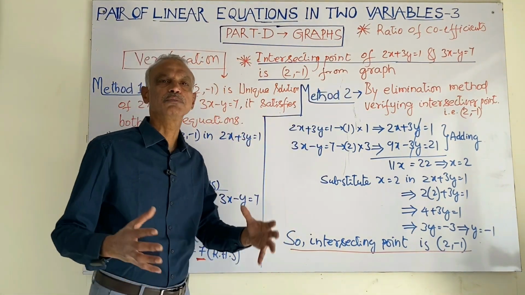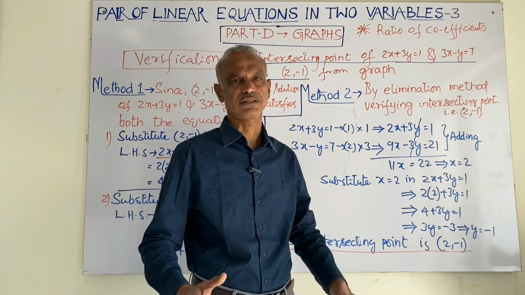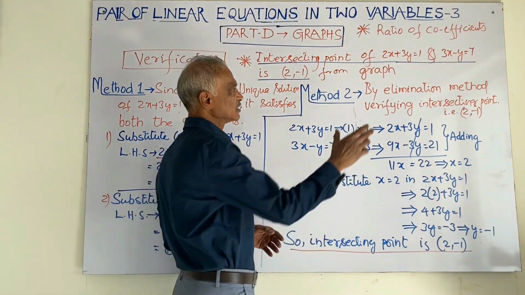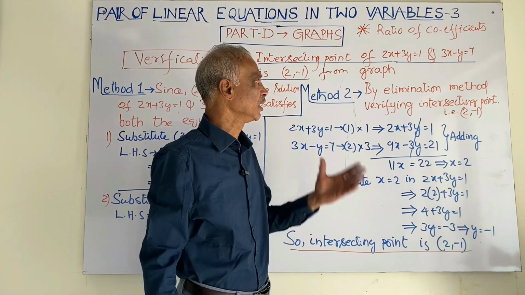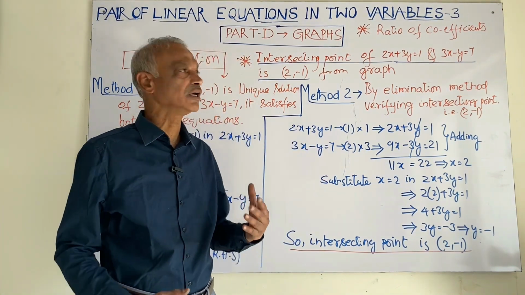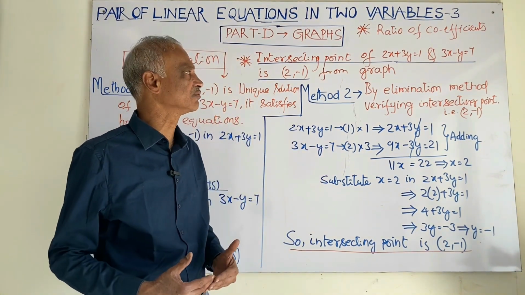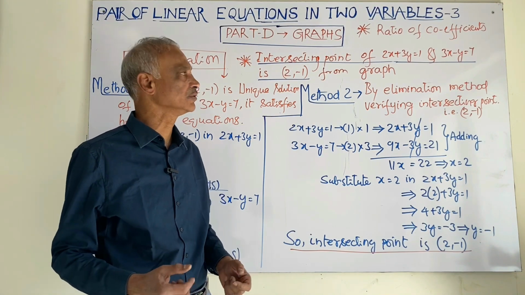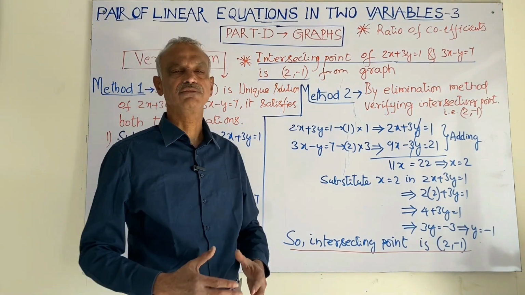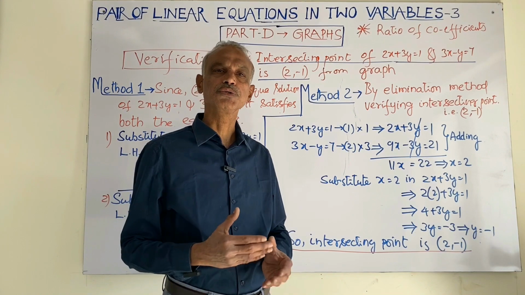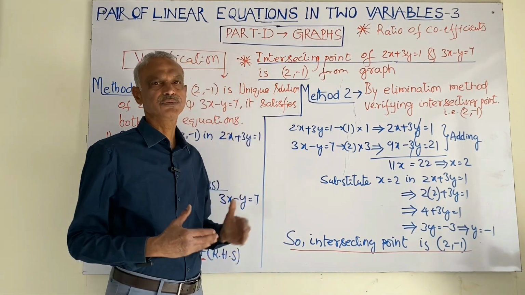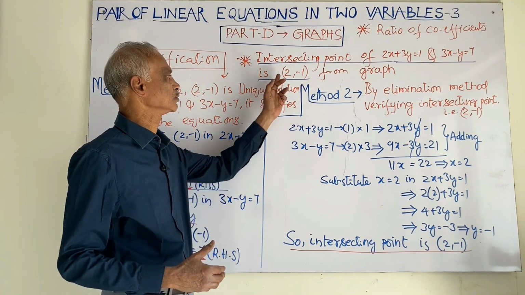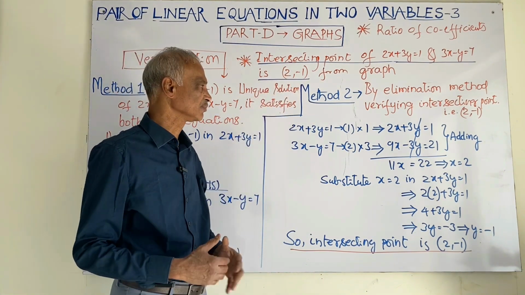Next step, we have to prepare ordered pairs, that is, a solution set for 2x plus 3y is equal to 1, and a solution set for 3x minus y is equal to 7. Next, we draw the graph using these ordered pairs. In this problem we got an intersecting point (2, -1) from the graph.